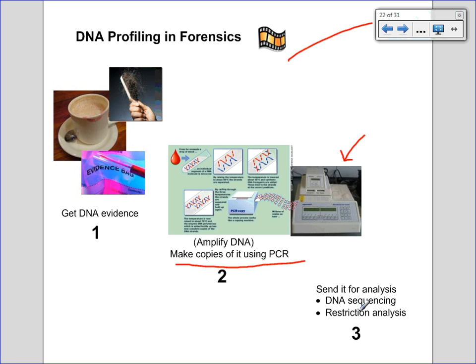The last step is analysis, and usually that takes one of two forms. One is sequencing, so they actually sequence all of the DNA, and the second is what's called restriction analysis, which lets them treat the DNA with certain enzymes that cut it in a distinct pattern.